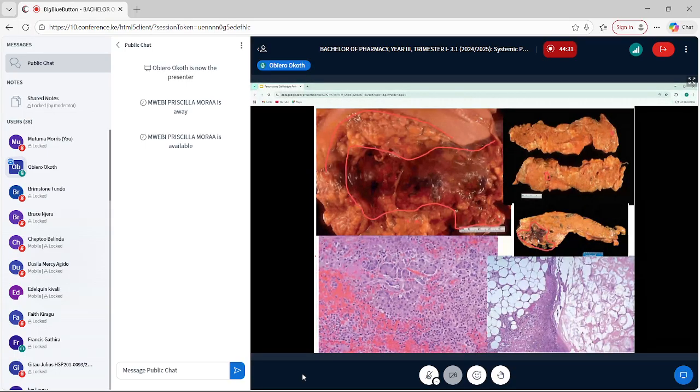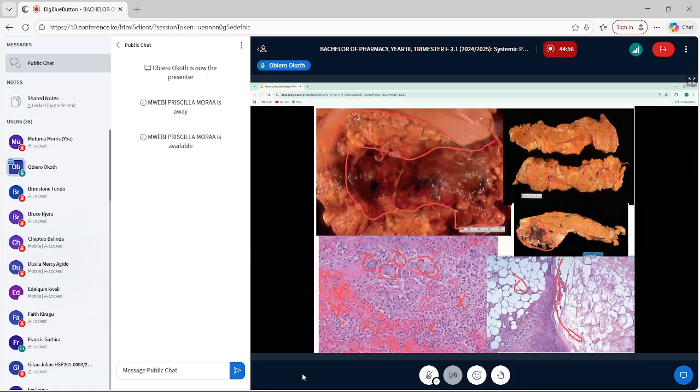Under the microscope, you're just seeing hemorrhage with the inflammatory cells. The acinar cells are now, this is acute inflammation. So what you're having here is acute hemorrhagic pancreatitis. Here what we are having are fat cells, but they are necrosed.